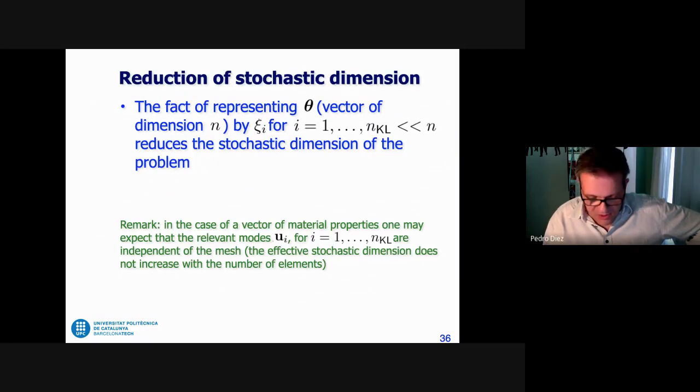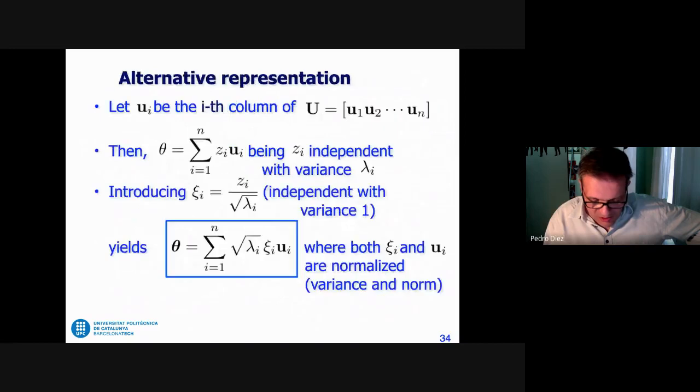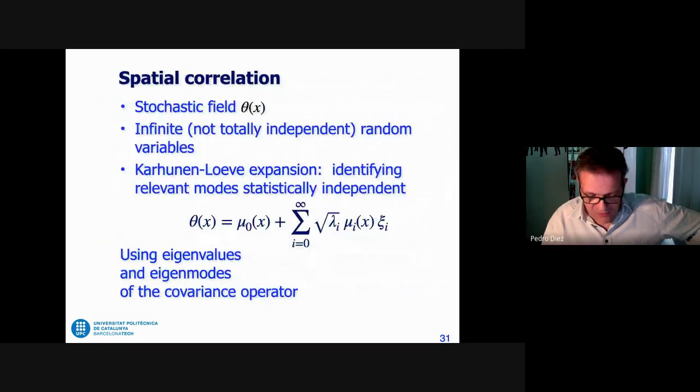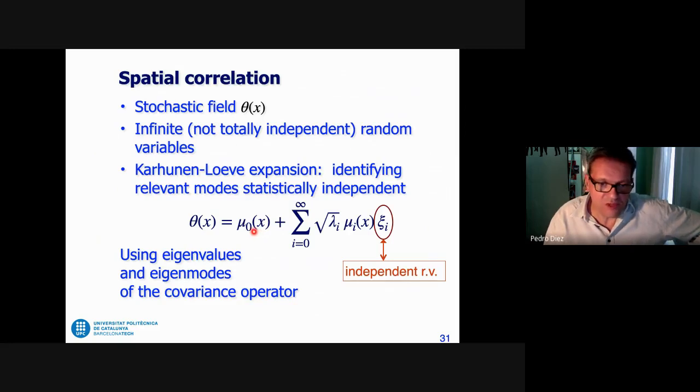The only thing we have to note here is that this discrete form of the Karhunen-Loève decomposition corresponds very much with the continuous one, the one that depends on x instead of being a vector, that we presented at the beginning. Recall that it has exactly the same structure as the one we obtained with the discrete form. In the discrete form this average term did not appear because we assumed that the average was 0.